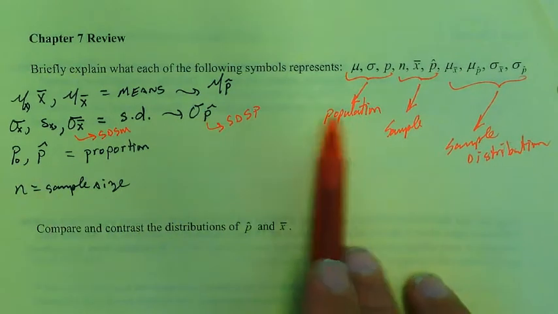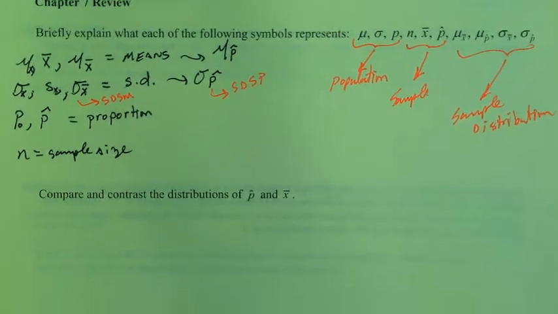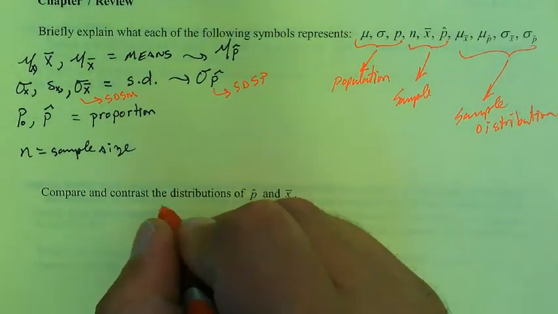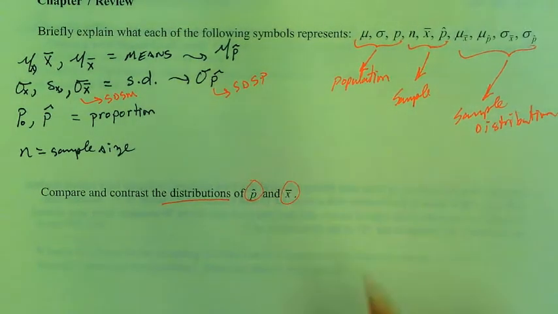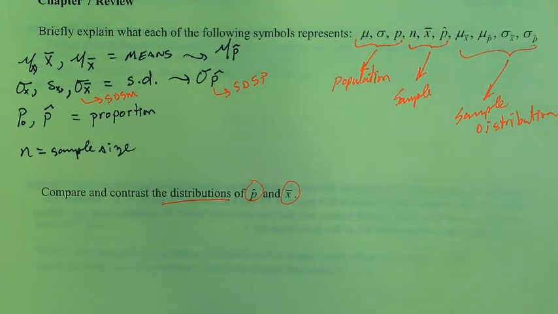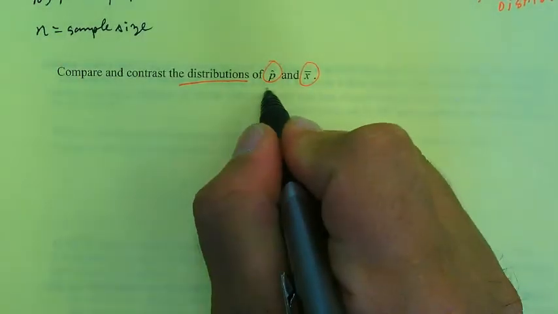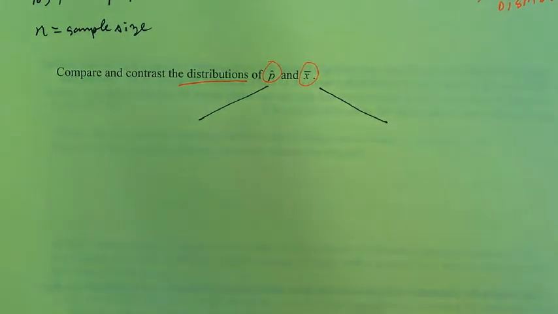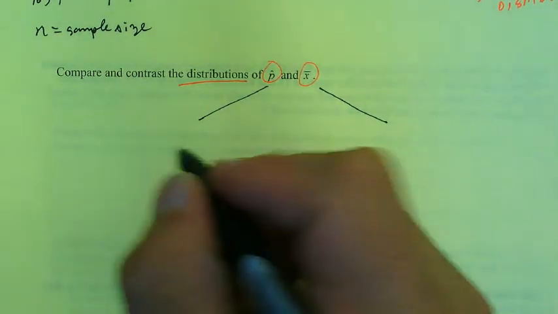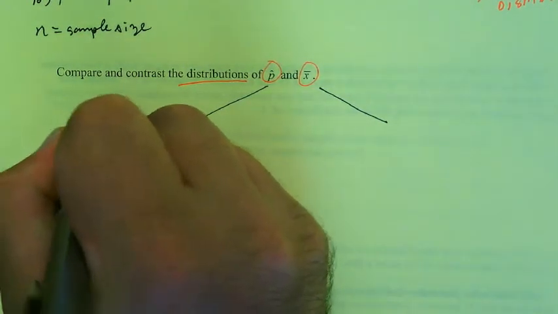Okay, how do we compare and contrast the distributions of P hat and X bar? Well, here's how we do it. Let's send P hat this way and send X bar that way. For P hat, I could calculate a z-score.